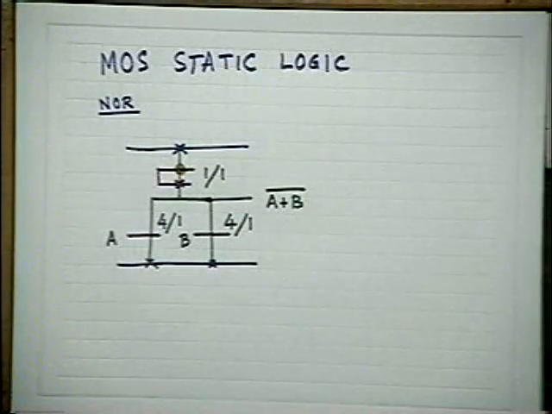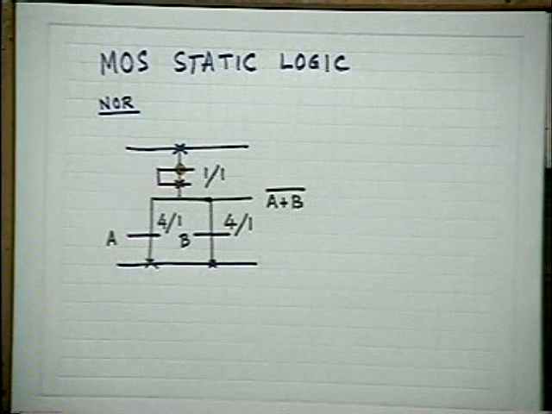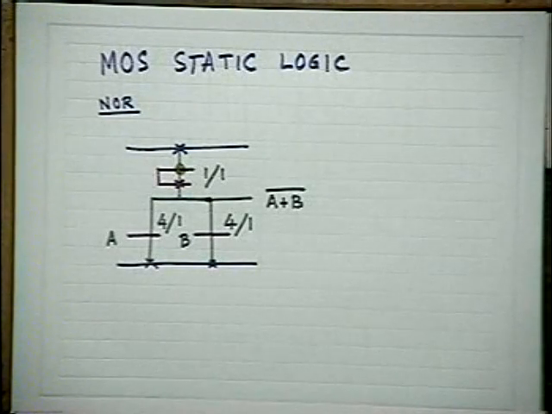This is a stick diagram of a standard NOR gate, a static nMOS NOR gate. Remember, I told you that the blue lines indicate metal or conductors, green lines indicate diffusion or implantation, and red lines indicate polysilicon. This I clearly discussed in the last class.